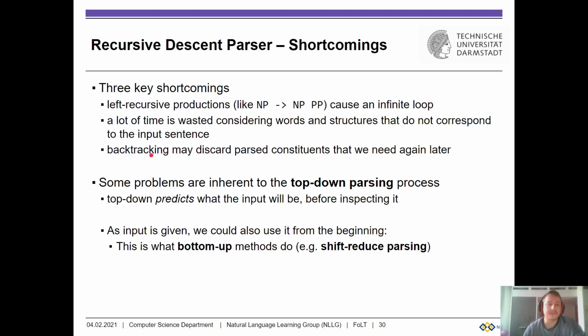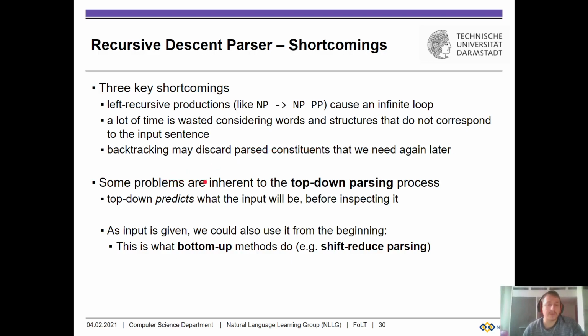And so when we do our backtracking, we may need to discard a whole phrase which gets lost by the backtracking, and then afterwards we may again need to identify a similar phrase. So we have to repeat our work using backtracking.